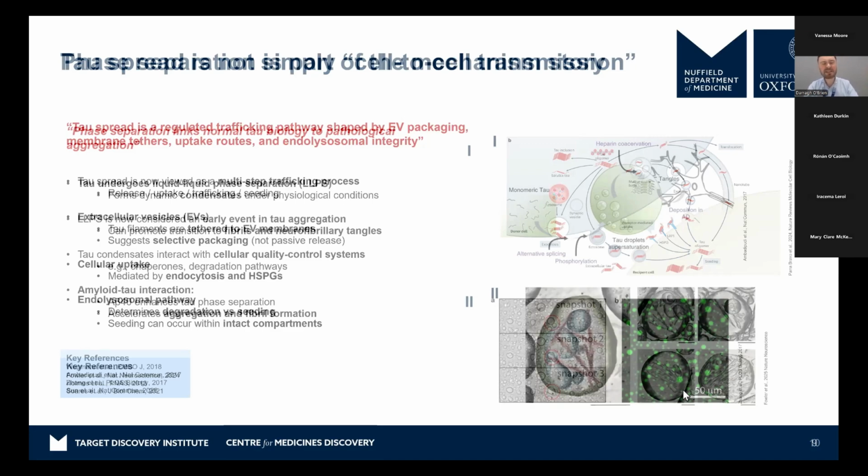So this positions phase separation as an early step linking soluble tau to aggregated tau species. These condensates are not isolated. They interact with cellular quality control systems such as chaperones and degradation pathways. And these also may influence whether tau is cleared or progresses towards aggregation.